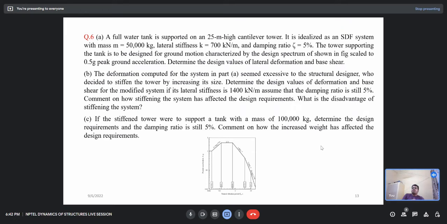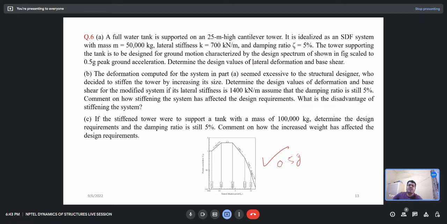The tower supporting the tank is to be designed for a ground motion. The design spectrum of the ground motion is given here. This design spectrum is scaled to 0.5 g. So, determine the design value of the lateral deformation.